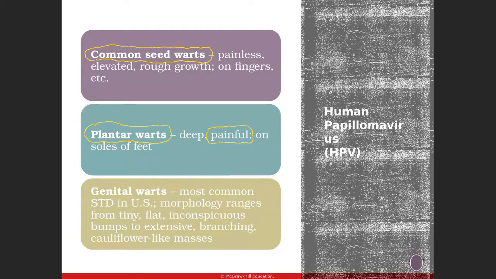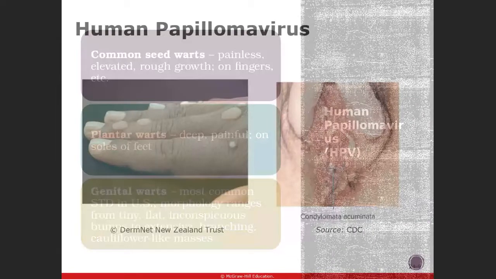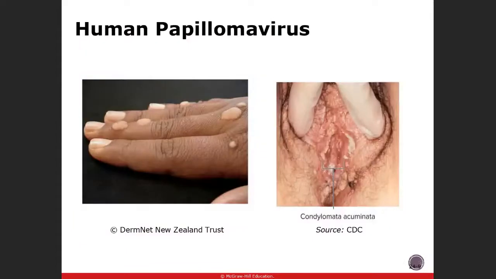This virus also can cause what we call the genital wart, which is one of the most common STDs, sexually transmitted diseases, in the United States. So this is the common seed wart on our skin, and this is the genital wart.